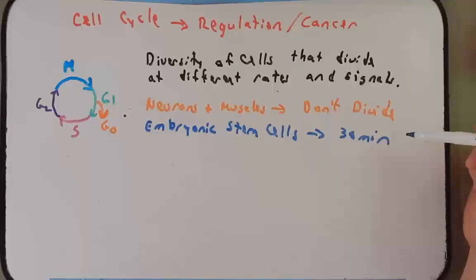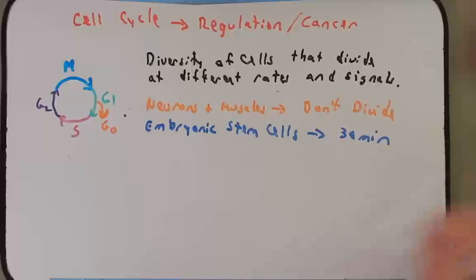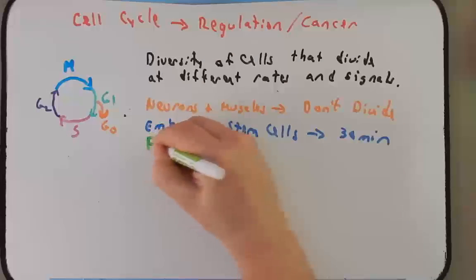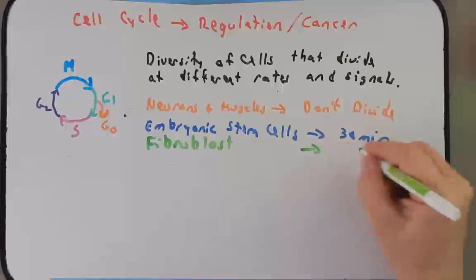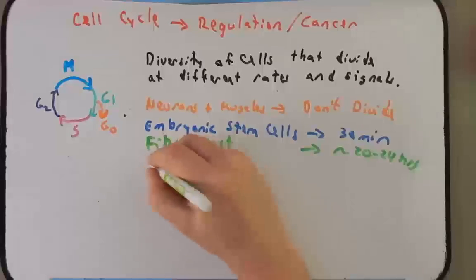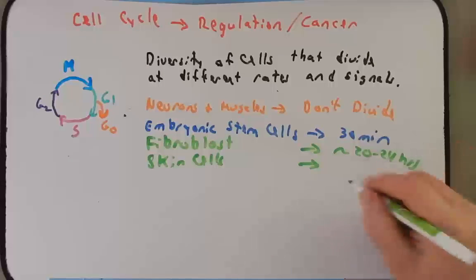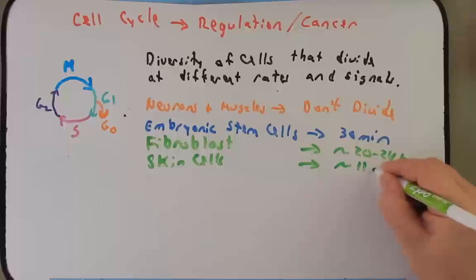You have neurons and muscles that don't divide, and then these embryonic stem cells that divide really rapidly. And then we have cells that are somewhere in between, like a fibroblast. That divides about every 20 to 24 hours. And then we have skin cells, which divide fast, but not quite as fast as embryonic stem cells. So they're about every 11 hours.